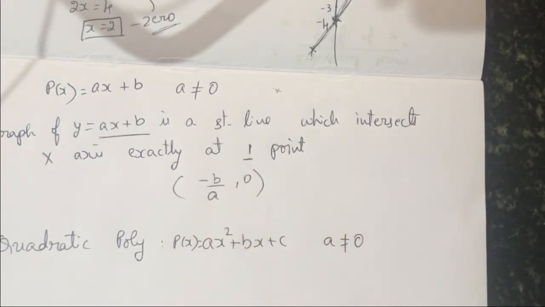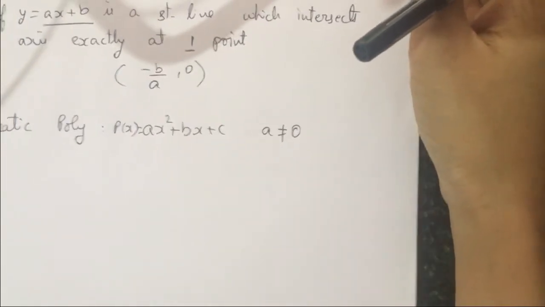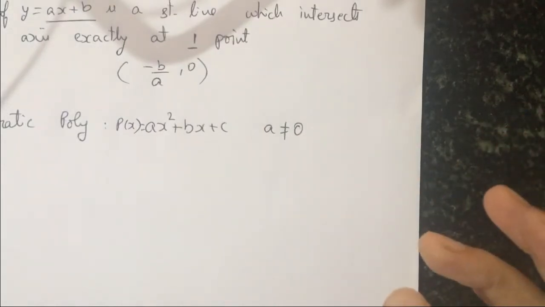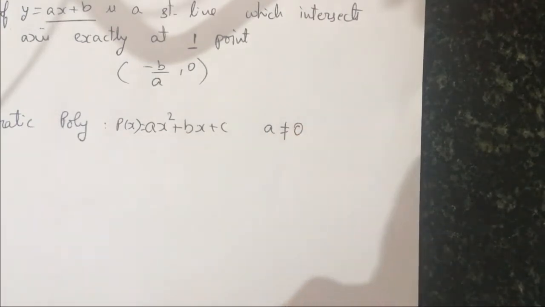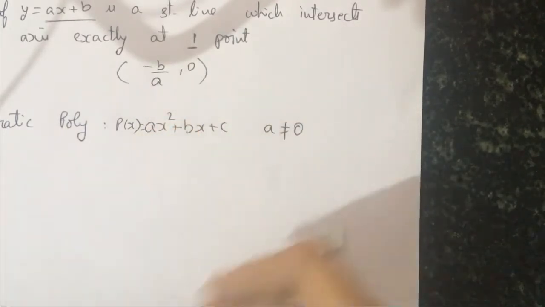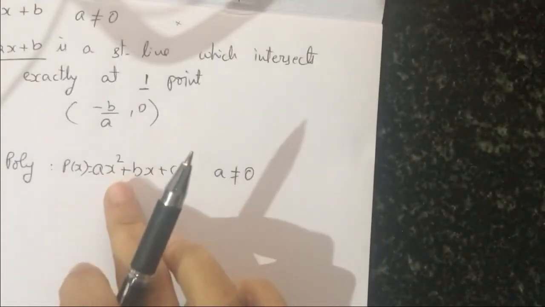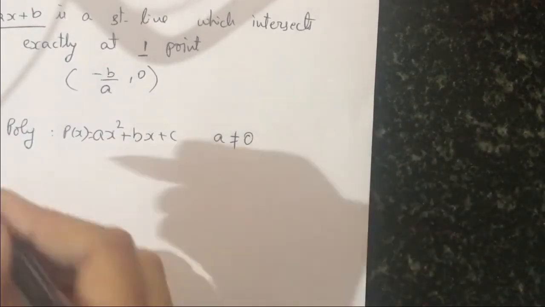Now when you draw a quadratic polynomial in general, there are 3 cases. When the graph cuts the x-axis at 2 points, then we say that a quadratic polynomial has 2 zeros. For a linear polynomial, you are getting a straight line. In this case, you are getting a parabola. Okay, three possibilities I'll just tell you.